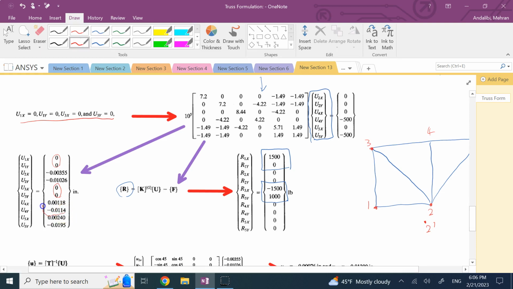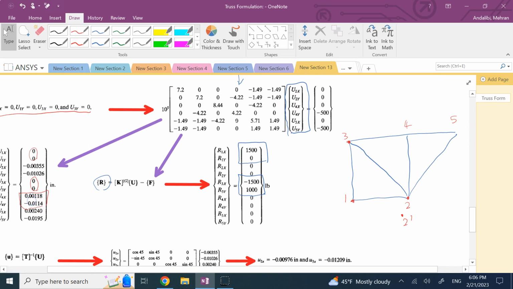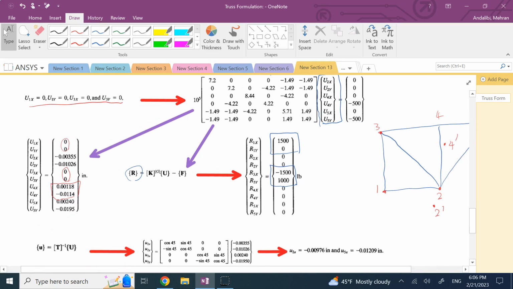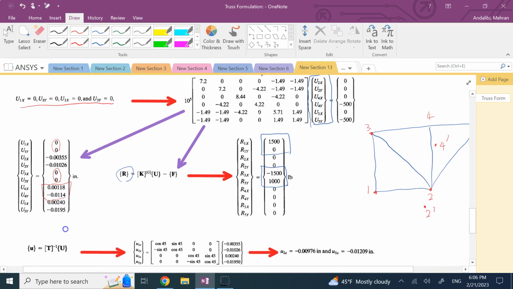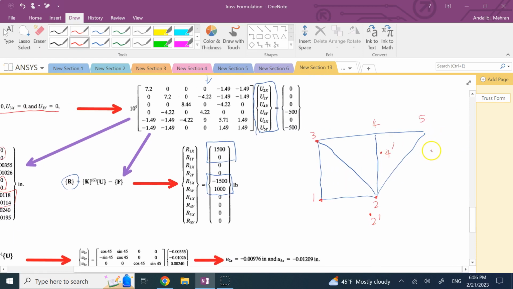It's a small positive x and a lot bigger negative y. So 4 goes a little bit to the right and downward. So 4, let's say it comes here. And then 5, similarly, right? A small x and a big negative y, so it should come here. So if you want to redraw the truss, it would look something like this.